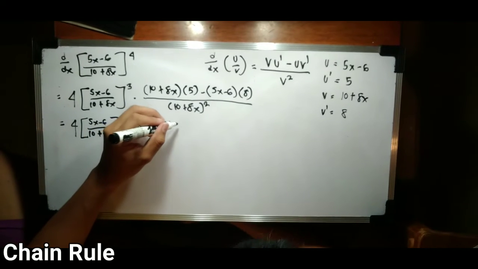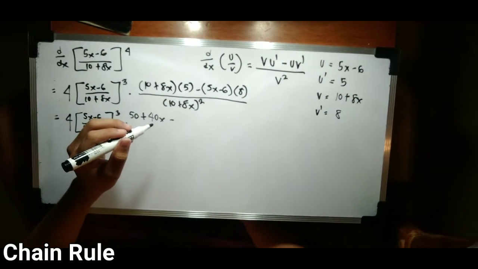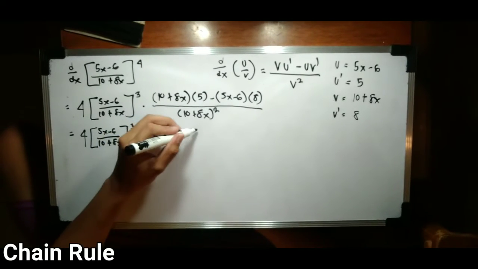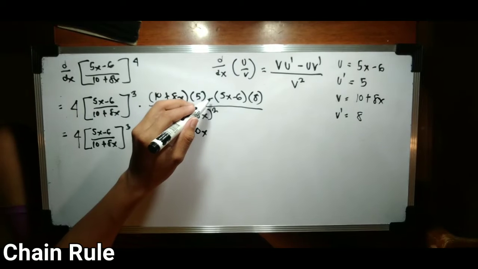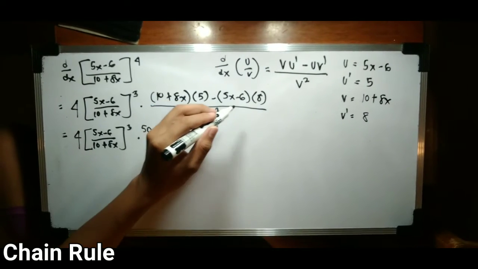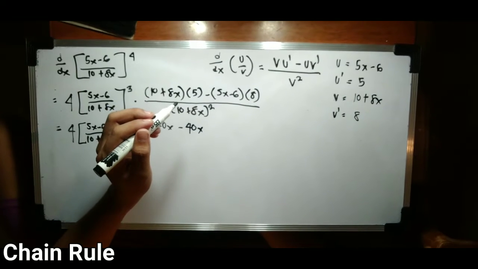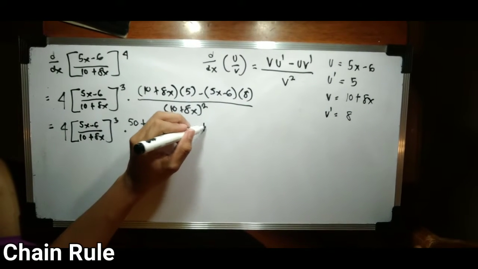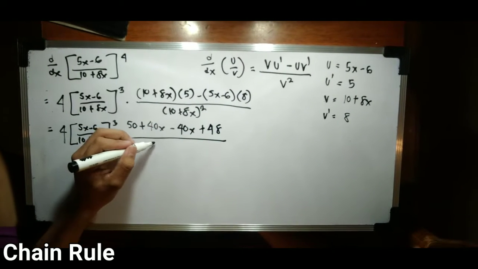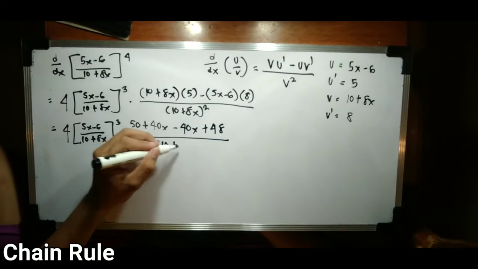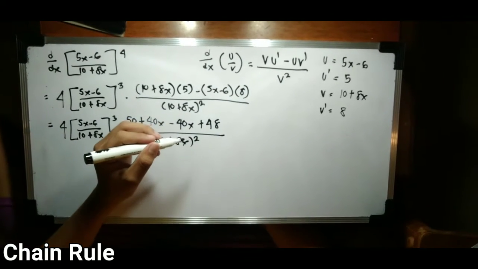Then subtract 5x times 8, which is equal to 40x. Then distribute the sign, which is negative. Negative times negative 6 is equal to positive 6. Then multiplied by 8, this will become the positive 48, over 10 plus 8x raised to 2.